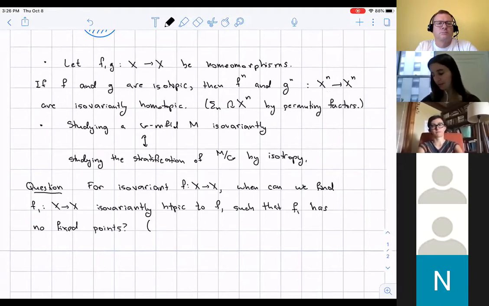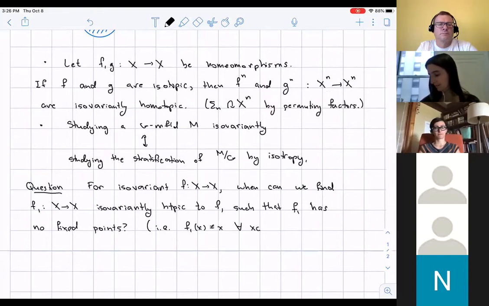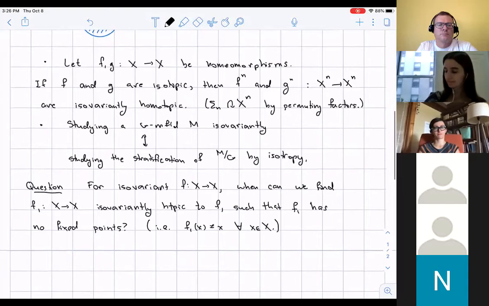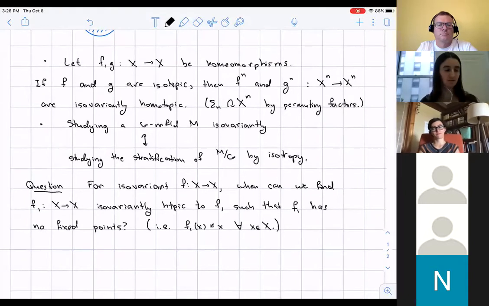No fixed points means f1(x) is not equal to x for all the points in the space. So that's the question that we're studying.